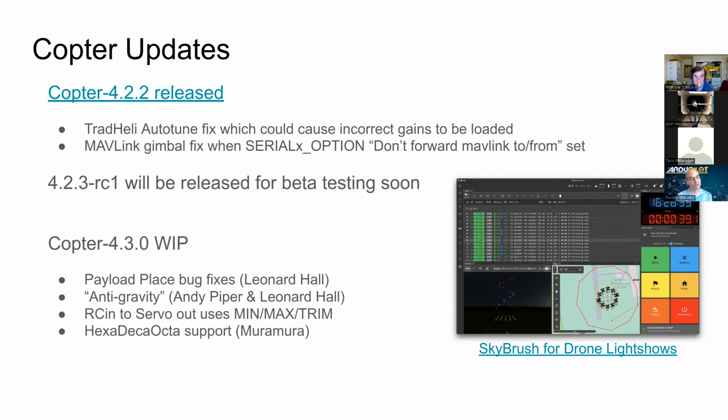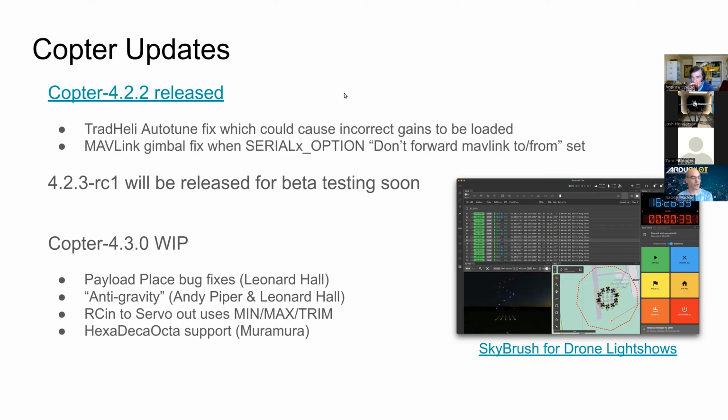As Tridge mentioned, 4.2.3 should start beta testing quite soon, maybe by the end of this week, maybe very early next week, and that'll include all the Remote ID goodness that we talked about earlier. And of course, we are working on 4.3, and just like for Plane, we'll start beta testing that probably around the end of August, maybe the very beginning of September.